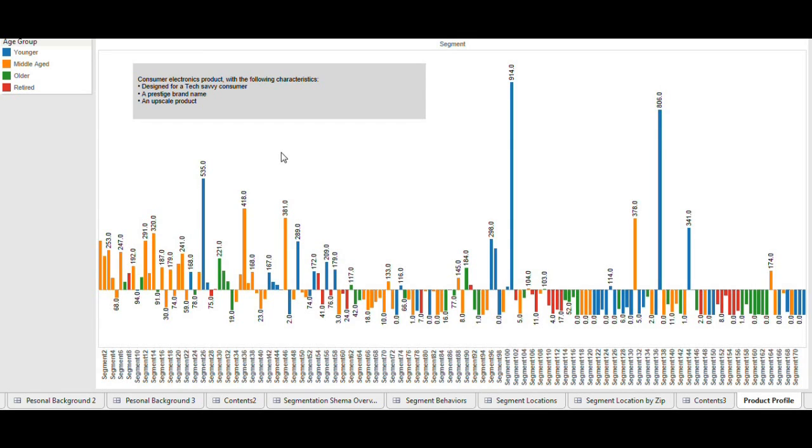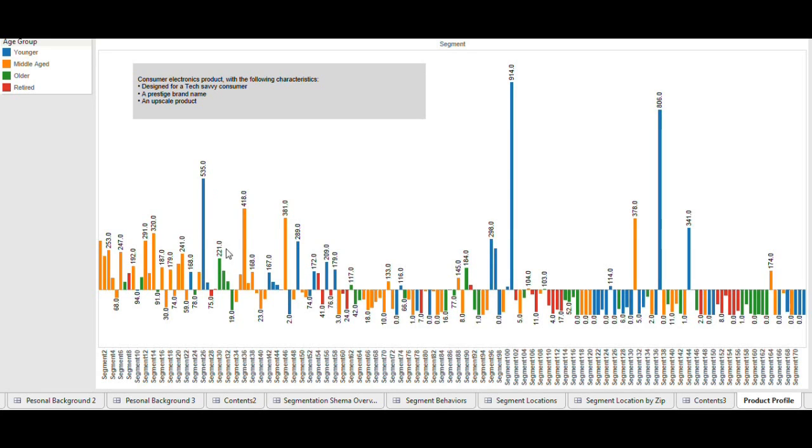So basically, the index shows the propensity of each of the segments to buy that specific product. So we see that the number one segment here is segment 101, which are middle income urban younger renters with and without children. And they are 9 times as likely as the average US household to purchase that specific product. But not everybody is young.